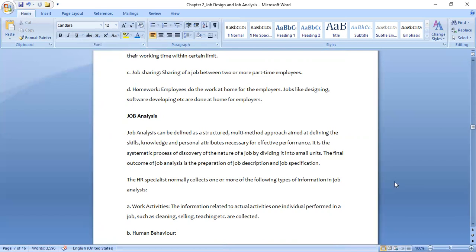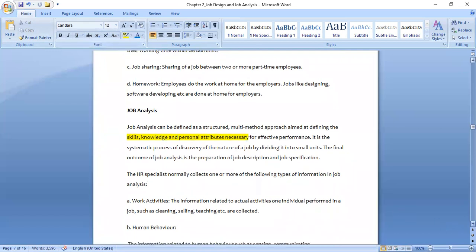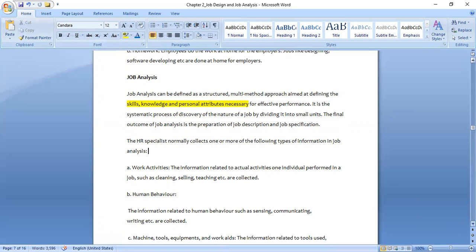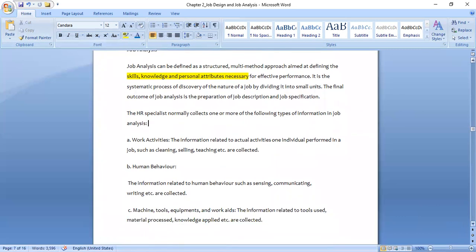So basically, we have three things for job analysis: the skills, the knowledge required, and the personal attributes required for that job in order to come up with effective performance of the organization. So that is the difference. That is job analysis: the skills, the knowledge, and the personal attributes for that kind of job have to be specified.